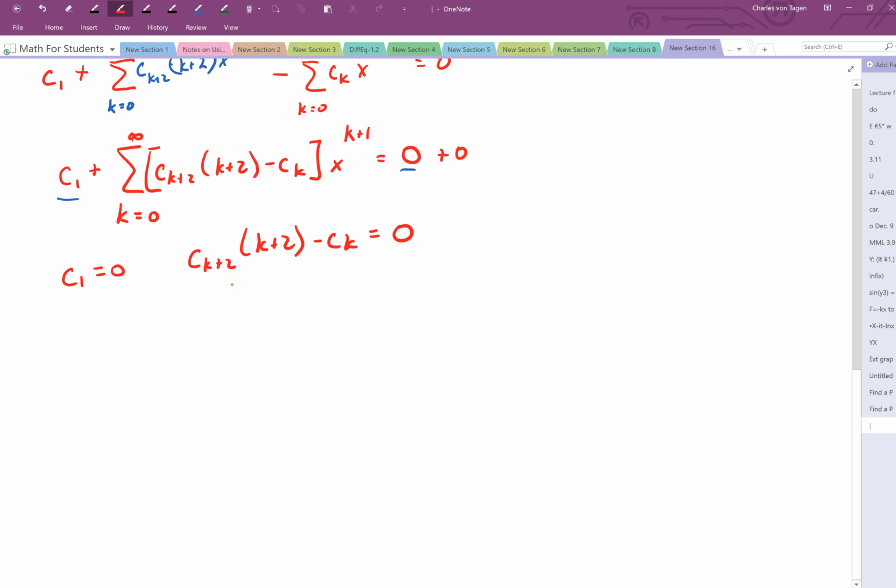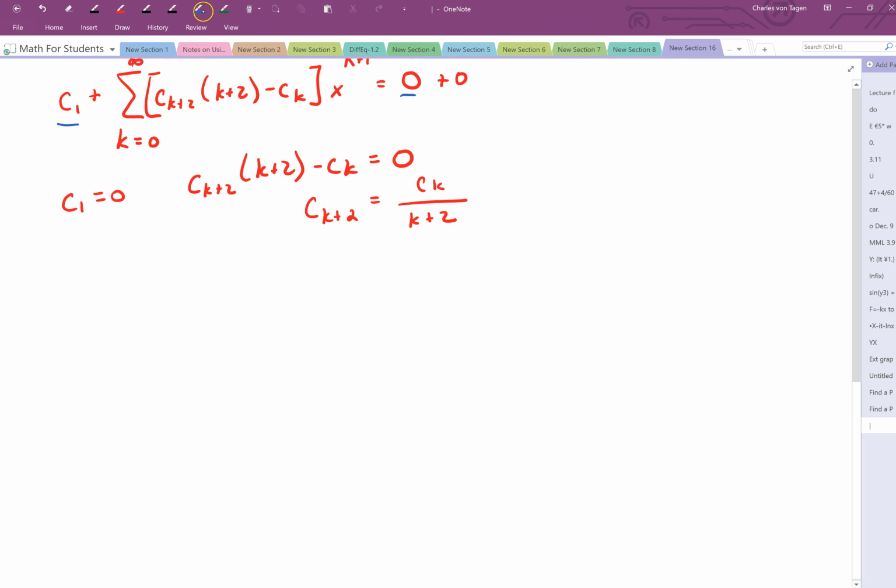Now we've got a way of equating future terms with prior terms. So if I solve this for c of k plus 2, I get that c of k plus 2 is equal to c of k over k plus 2.